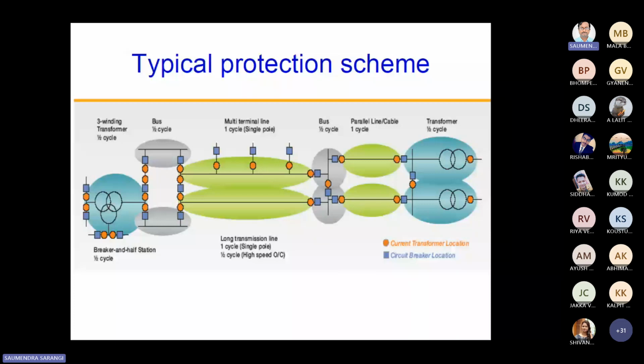If you observe how much time we have to detect the fault and operate: for transformers we have nearly half a cycle to detect the fault. For a parallel line or cable, 1 cycle. For a bus, half a cycle. For multi-terminal lines we can go for 1 cycle.